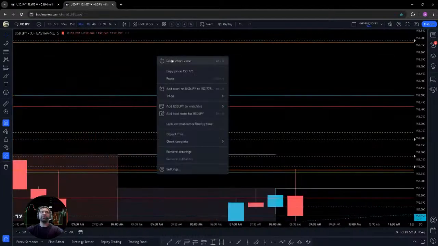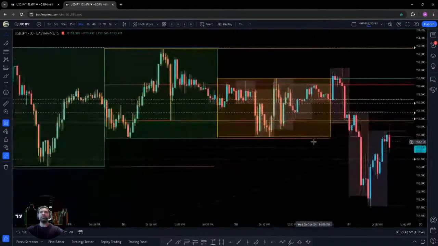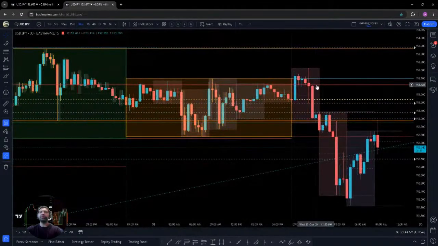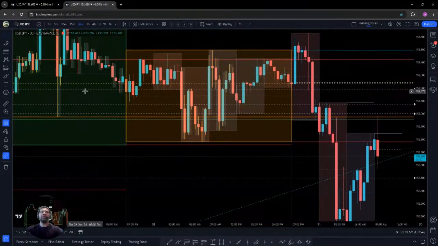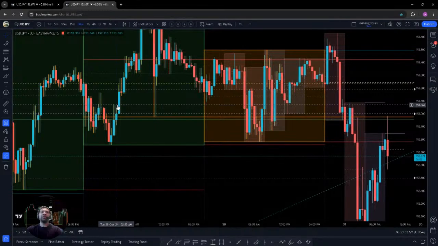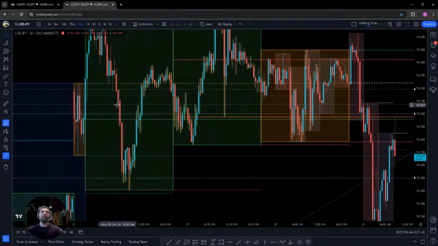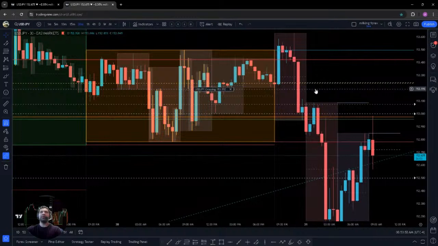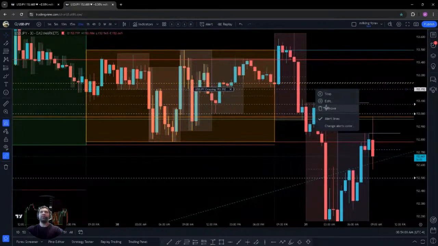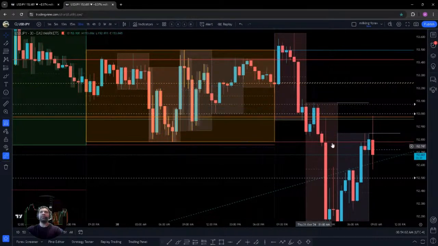So the price broke out of this level, right, and went downside. I'll be removing this, and this is the 153 level, roundabout.